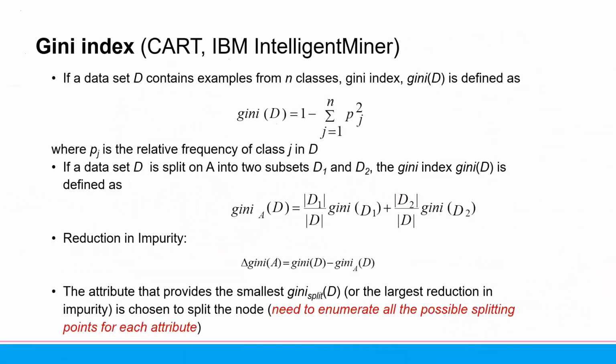There is another method, we call it Gini index. In the Gini index, some mention it as CART, or some of the literatures mention it as IBM Intelligent Miner. CART is the classification and regression tree.